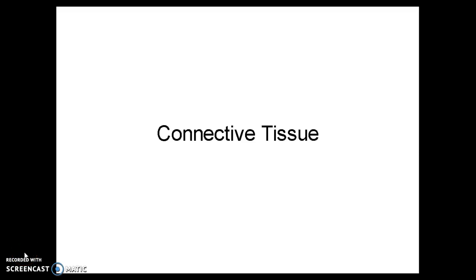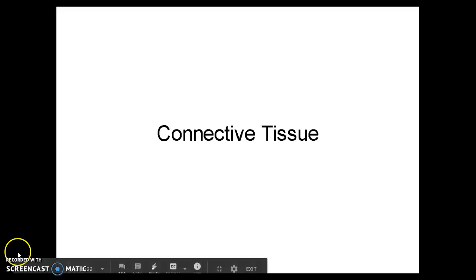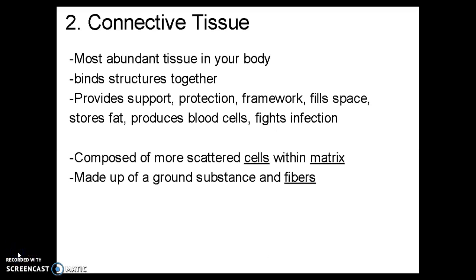Hello, everybody. Today we are going to talk about the next category of tissues, the connective tissues. Connective tissue is the most abundant tissue in your body and the most diverse type of tissue.